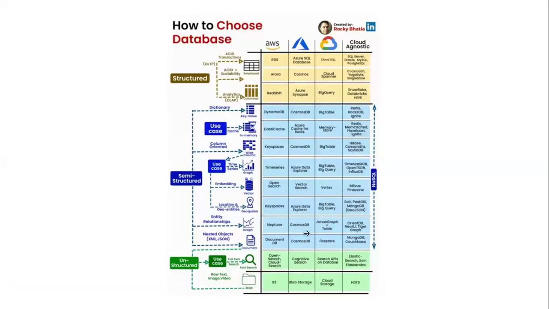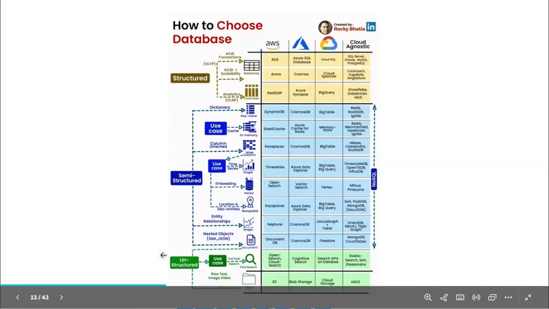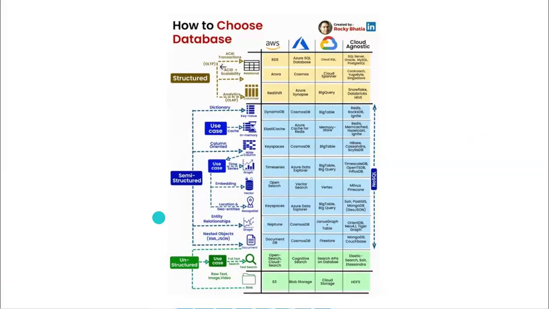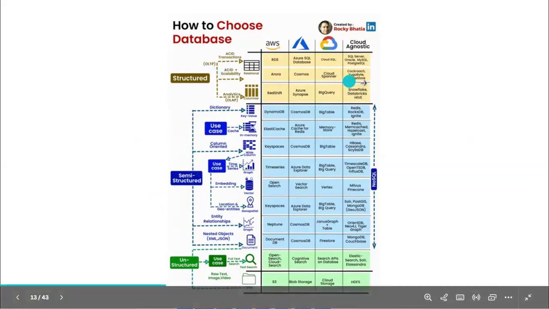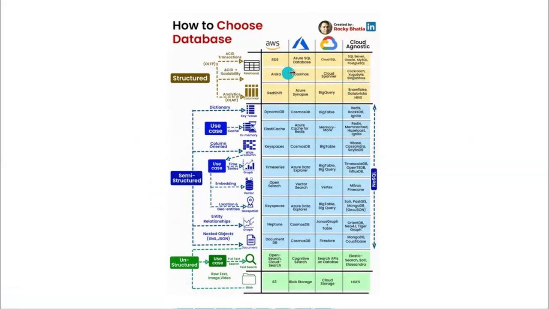Now, in the current market, based on the type of data, they choose the database. If I want to store structured and semi-structured data, each cloud provider has provided different databases. For the others, there is an option called Snowflake. For handling structured and semi-structured data, I use Snowflake.